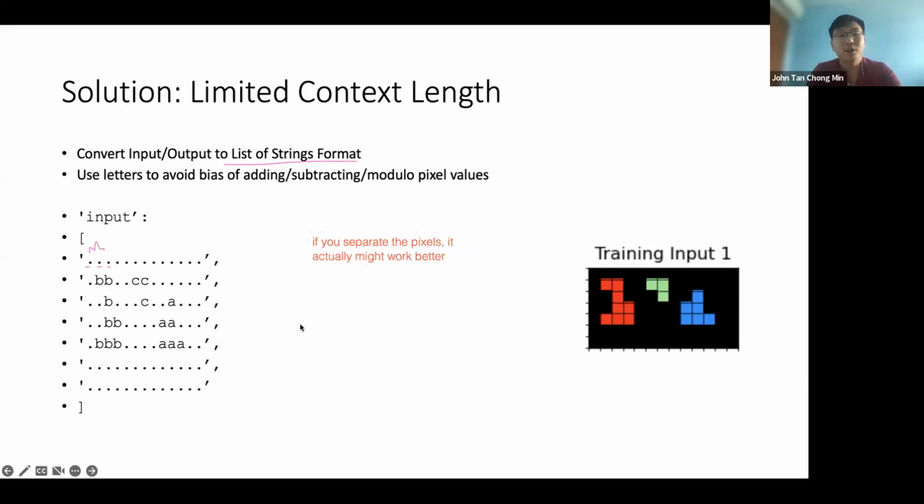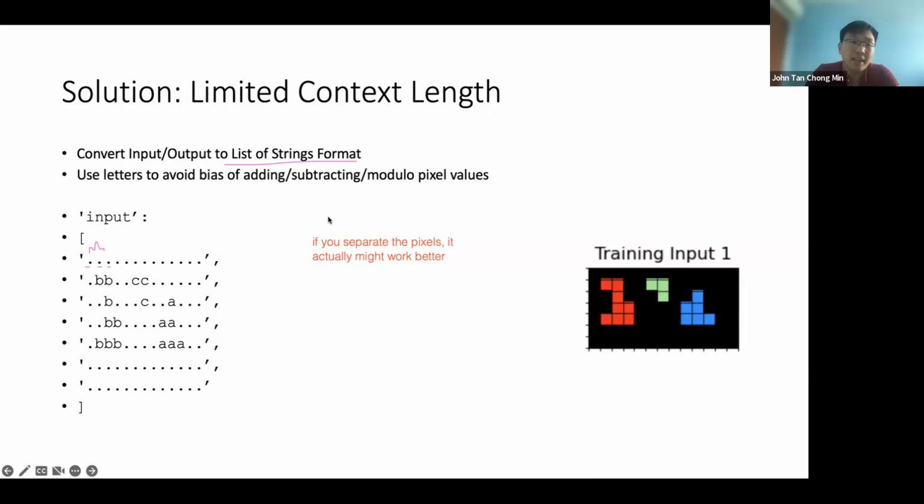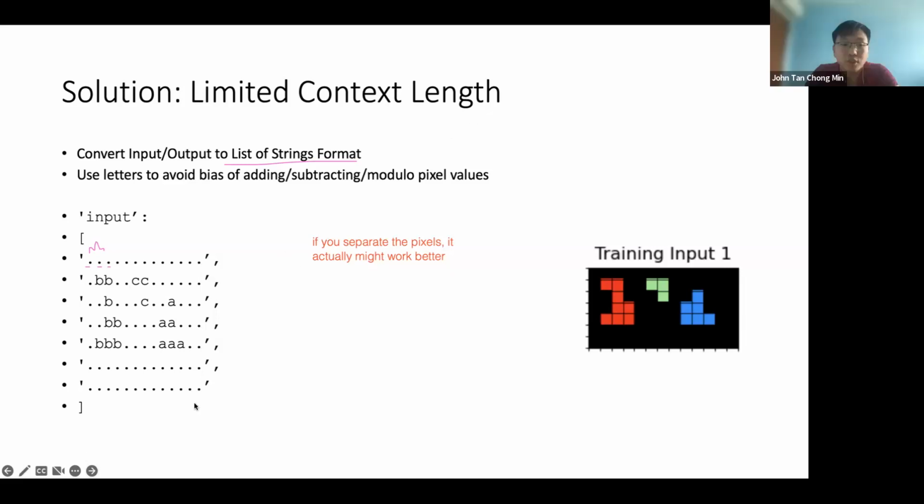But if you separate the pixels, you're also going to increase your context length by a lot. Did you consider using something other than dot? Because dot is quite a common occurrence, so maybe it's tokenized as one token. Maybe you can use something like tilde, some other unused character. Yeah, possible. Thanks for the suggestion. I can go and try it out.